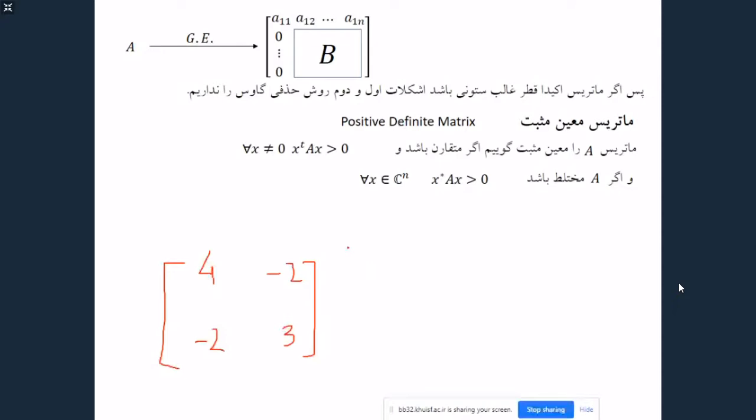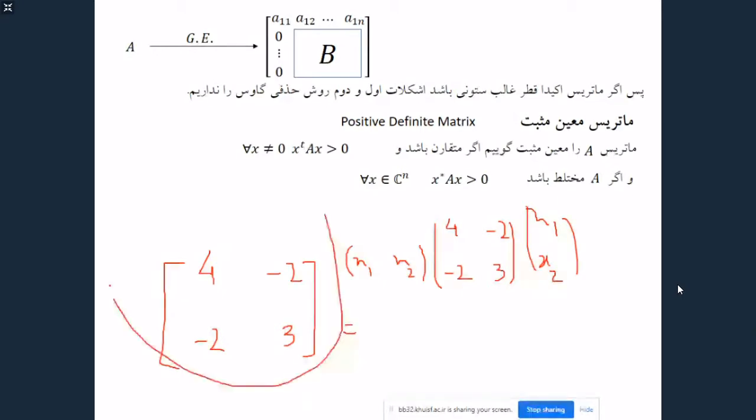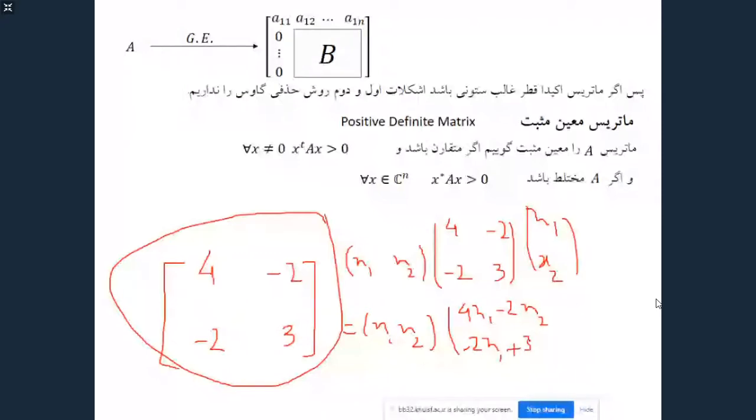Also, if we multiply x1 x2 by the matrix 4, minus 2, minus 2, 3 and by x1, x2, we get x1 x2 times 4x1 minus 2x2, minus 2x1 plus 3x2.